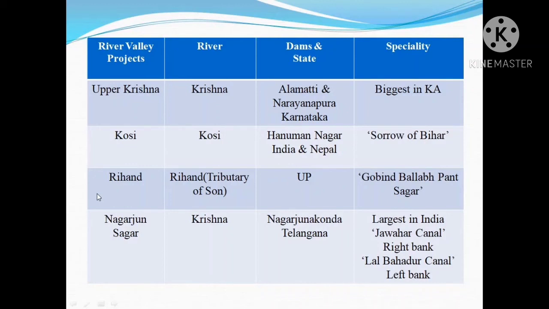Yeah. Next one, Rihand River Valley project across the river Rihand. It is a tributary of Son River. And it is a venture of UP, Uttar Pradesh. And the reservoir behind this Rihand Valley project is called Gobind Ballabh Sagar. Yes, Gobind Ballabh Sagar.